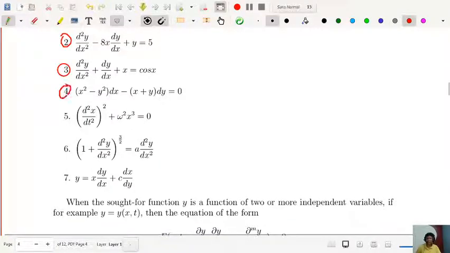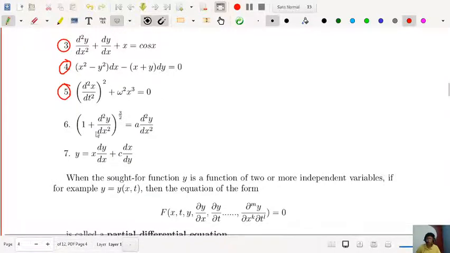And number 4, (x squared minus y squared) dx minus (x plus y) dy. Number 5, (d2x/dt2) whole squared plus omega squared x cubed equal to 0. Number 6, (1 plus d2y/dx2) whole to the power 3 by 2 equal to a d2y/dx2. Number 7, y equal to x dy/dx plus c dx/dy.